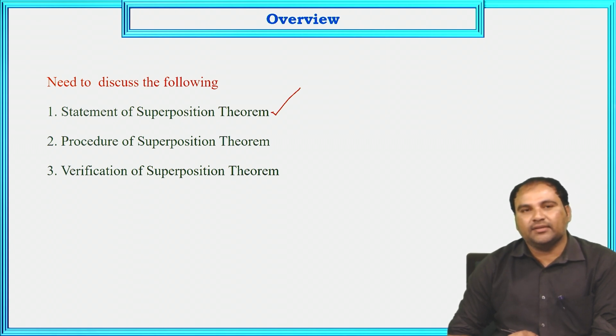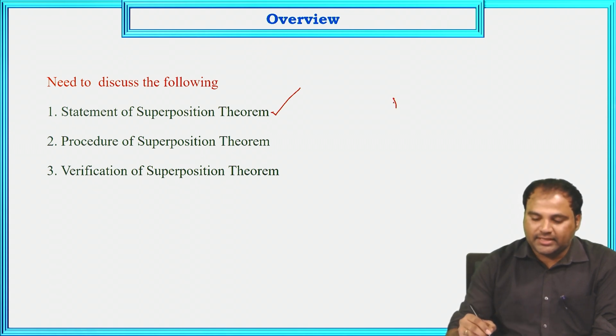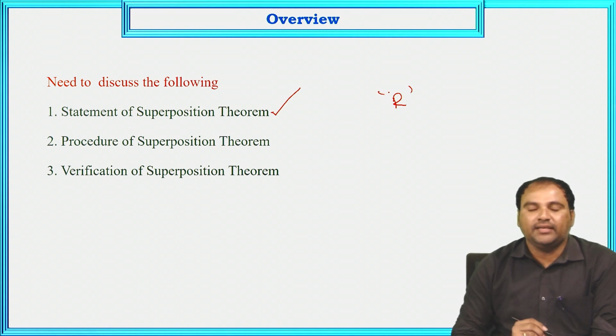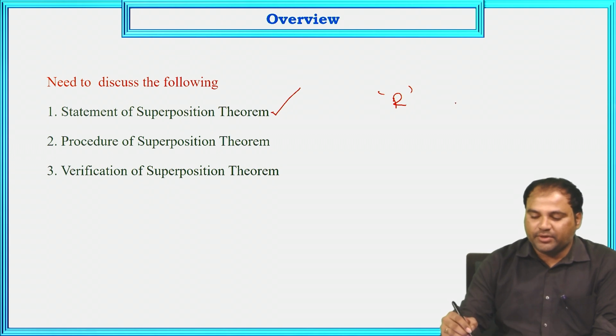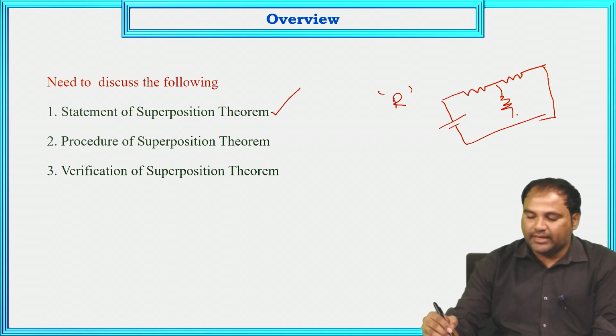Suppose we have some element, for example a resistor. Across this resistor we need to calculate the current by using the superposition theorem. For example, I am taking one simple circuit like this.